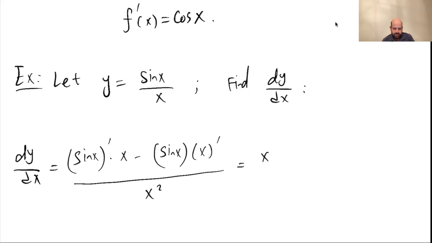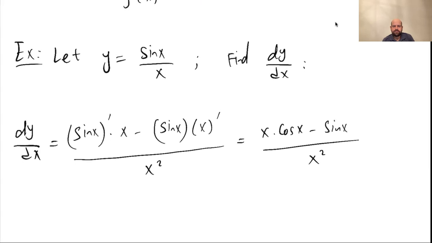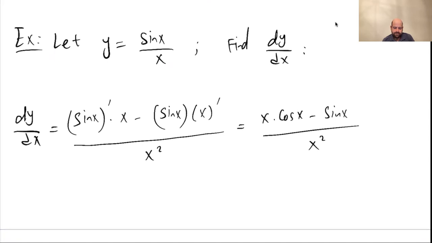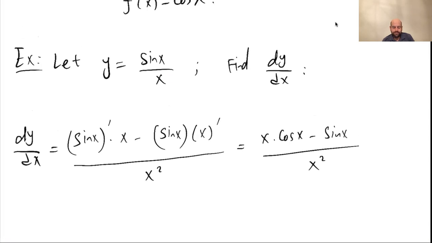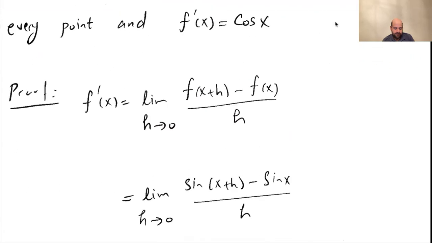So that's going to be x times cos x minus sine x divided by x squared. U prime v minus u v prime divided by v squared. Well, that's it. So this is the answer, x cos x minus sine x over x squared. So this was for the derivative of sine x.